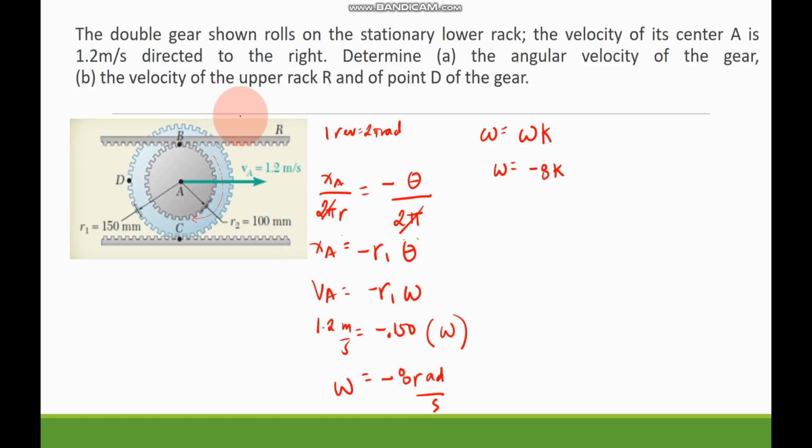This is only considered as the x and y plane, so imagine k as pointing out of the paper, or pointing directly to you. Therefore, this is the angular velocity of the gear. So I will just write it completely: negative 8 rad per second k. This is the angular velocity of the gear.